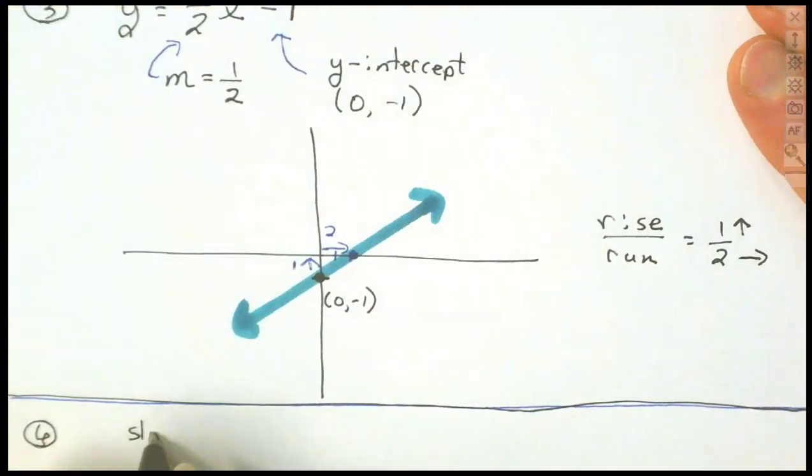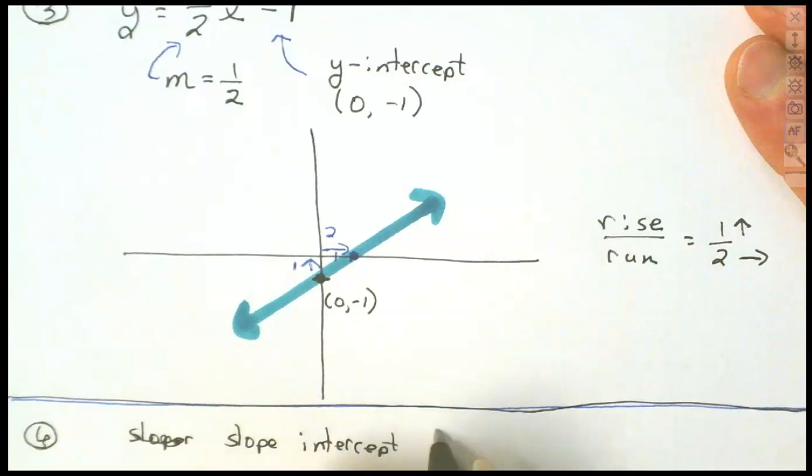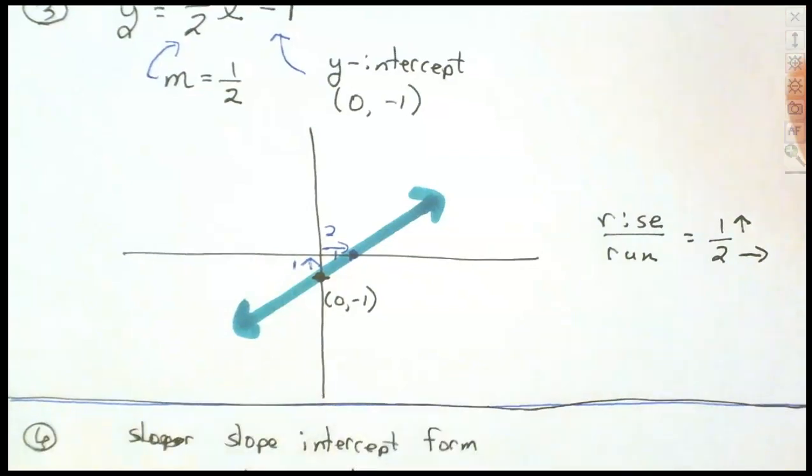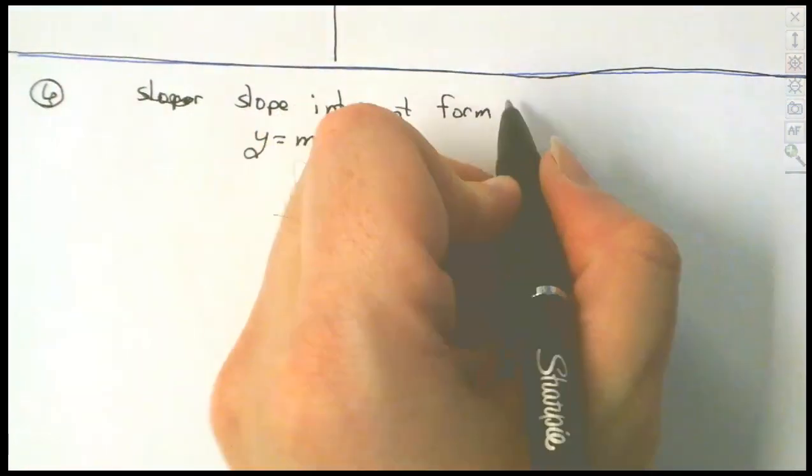The slope-intercept form is y equals mx plus b. So that's what we want. Okay, we want the answer to look like this.